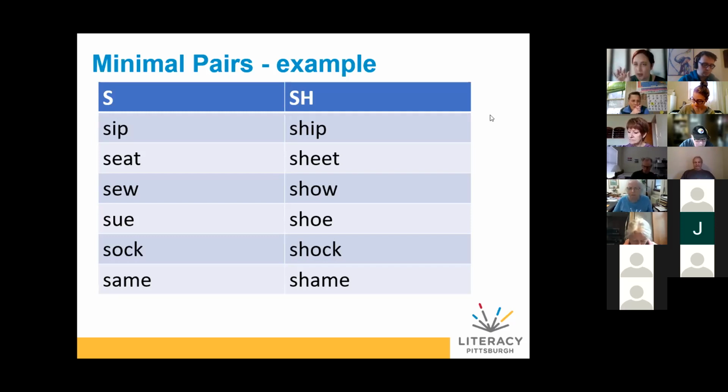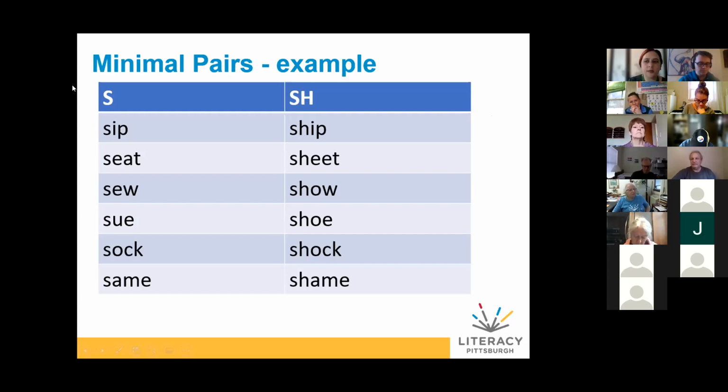Now listen, and I'm going to pronounce all the words with the sh sound. Ship, sheet, show, shoe, shock, shame. Okay, now I want you to repeat after me.